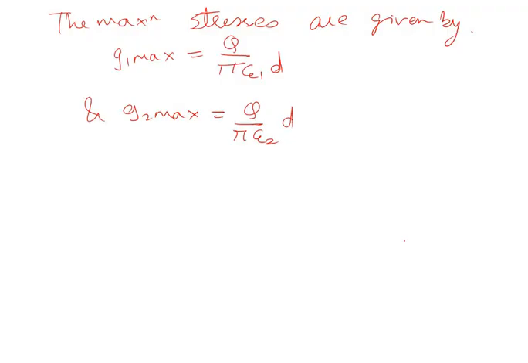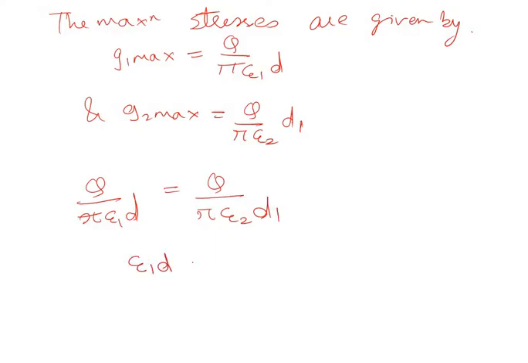Sorry, this is d1. Equating these two stresses, we will get Q upon pi into epsilon 1 d, which is equal to Q upon pi into epsilon 2 d1. So finally we will get epsilon 1 d is equal to epsilon 2 d1.